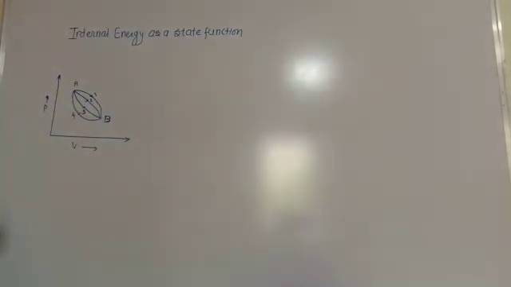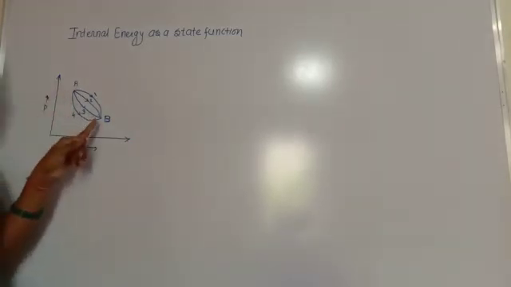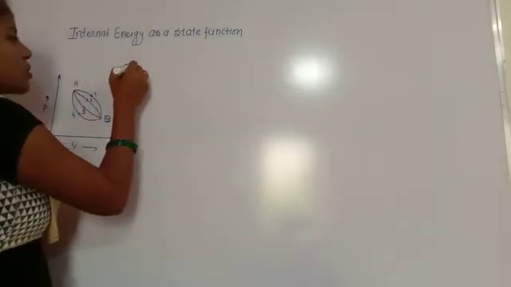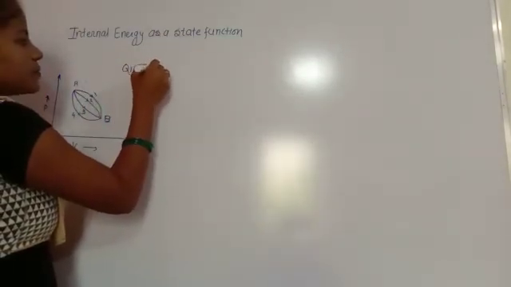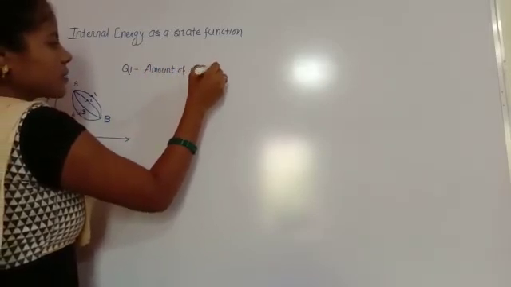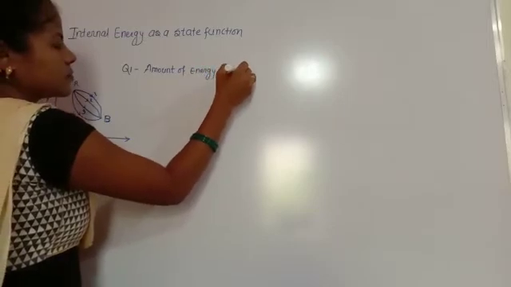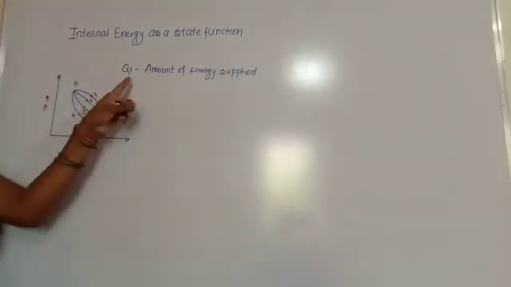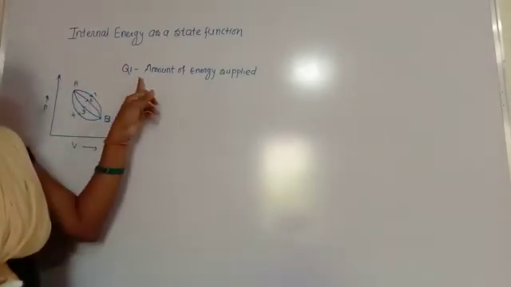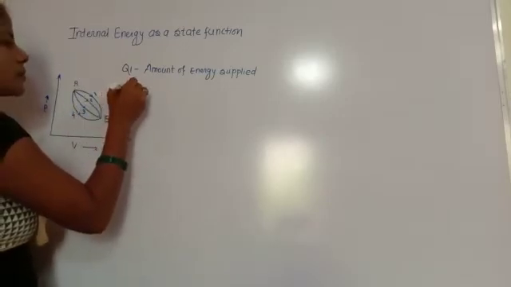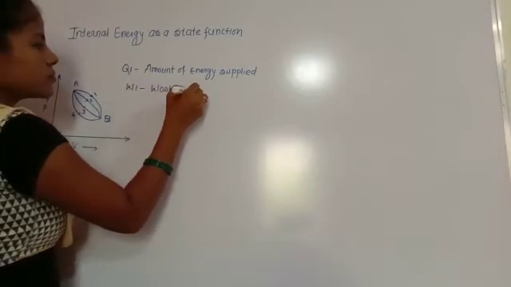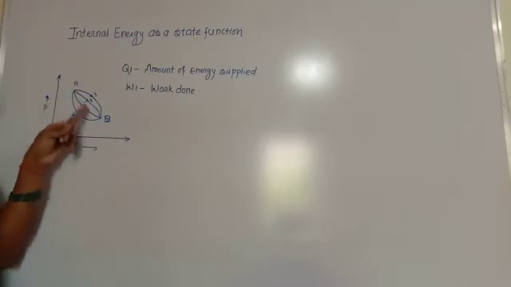When the system changes from initial state to final state through path 1, Q1 is the total amount of energy supplied, and out of this, W1 is the work done in going from initial state A to final state B.